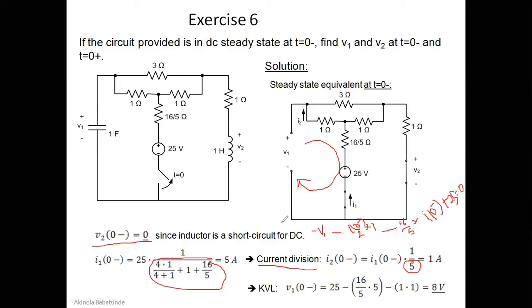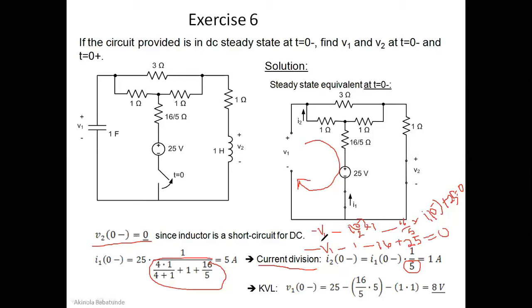This is the KVL. If you rearrange that, I2(0-) is 1, so what you have here is 1 times 1. So you have minus V1 minus 1, and then 16 over 5 times 5, so that becomes minus 16, and then plus 25 equal to 0.